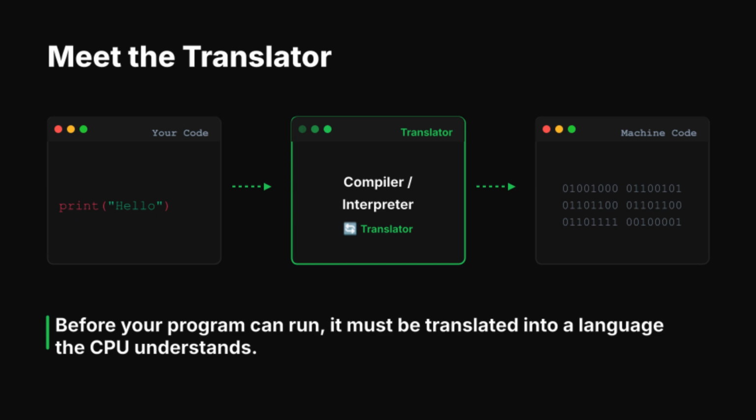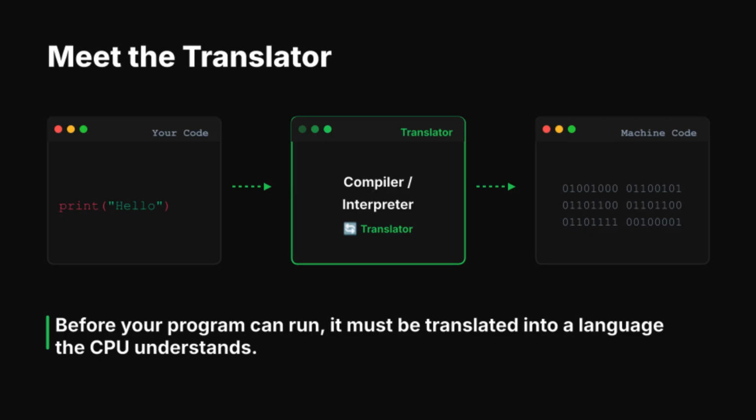Okay, so now how do we solve this problem? Take a look at this middle box. This is the missing piece, the compiler or the interpreter. Think of it as a translator. It takes the code that you wrote on the left and converts it into machine code on the right, the only language the CPU can actually understand.